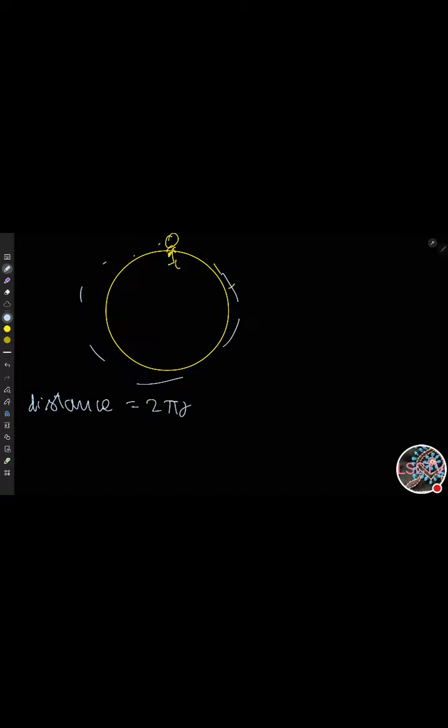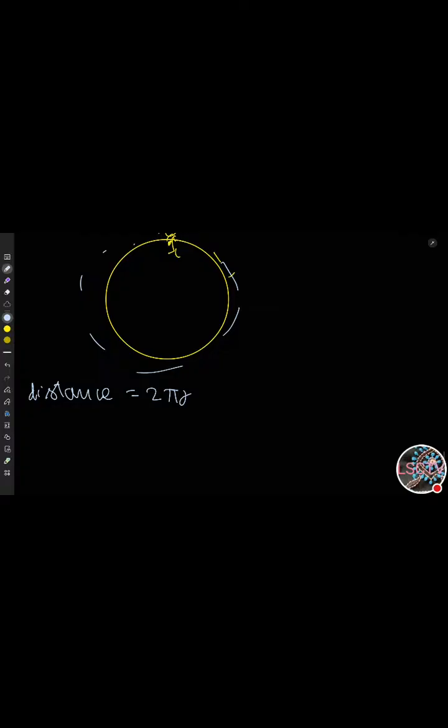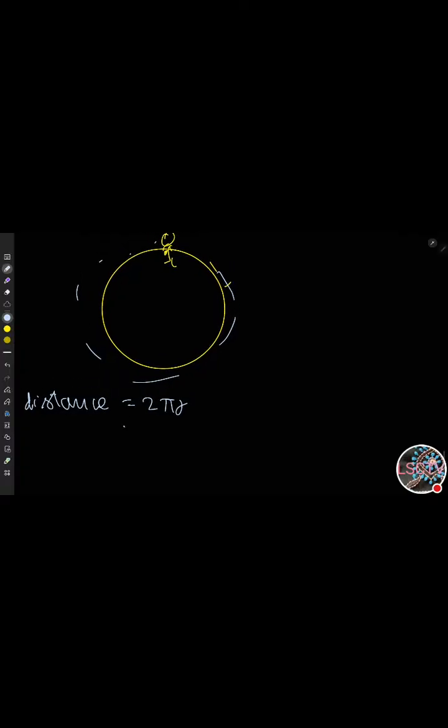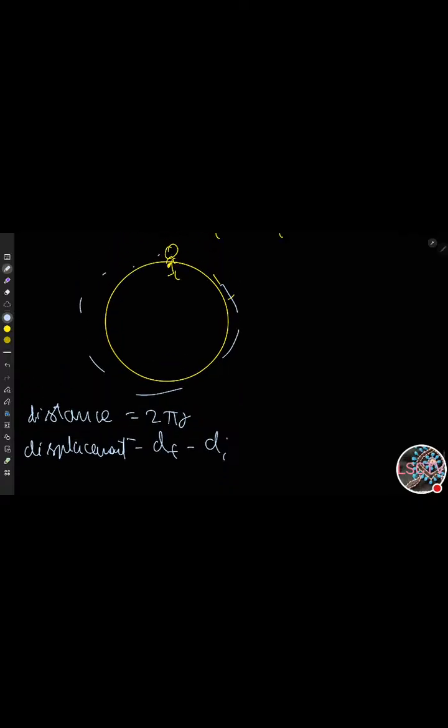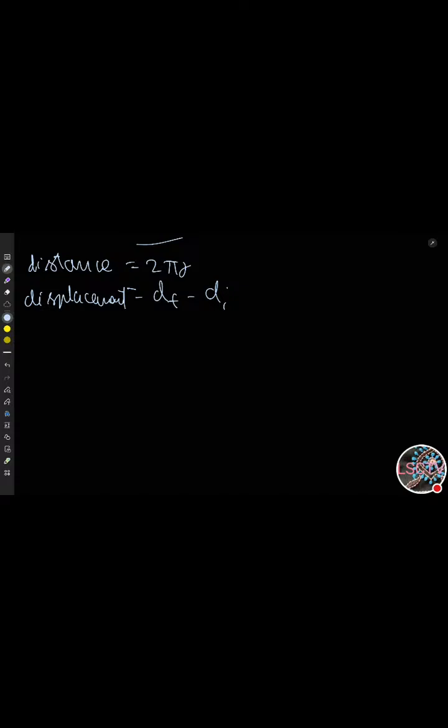Correct? Then tell me, what will be the displacement? Displacement is equal to final position minus initial position. Here final position and initial position are the same. So what will be the answer? It is 0.